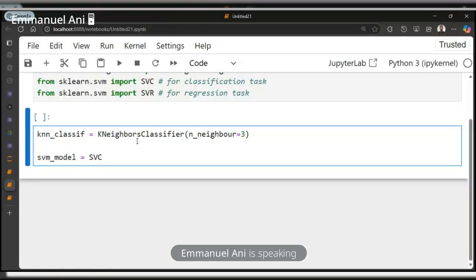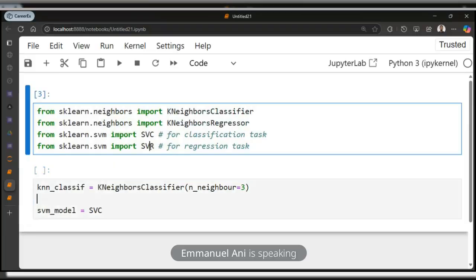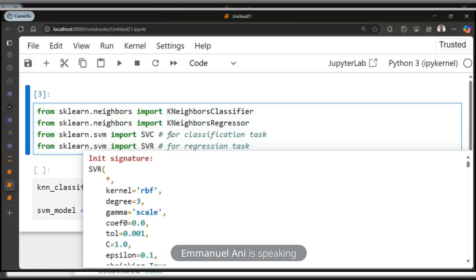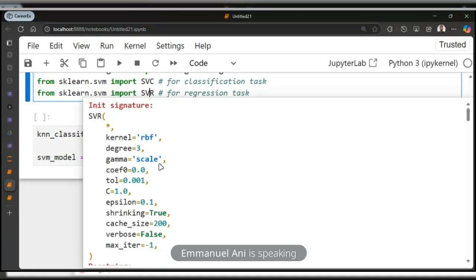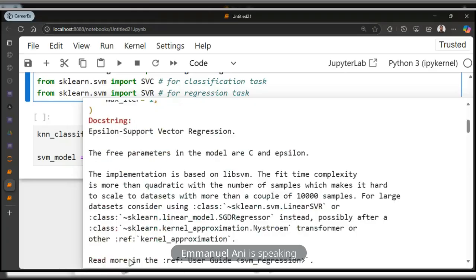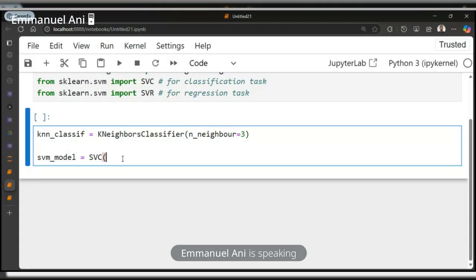SVR is for regression. I'm going to send you a video to explain the regression algorithm basically, right? But you still have similar hyperparameters here, and you can just read them and see how they work. So you just come in and say SVC, kernel equals.